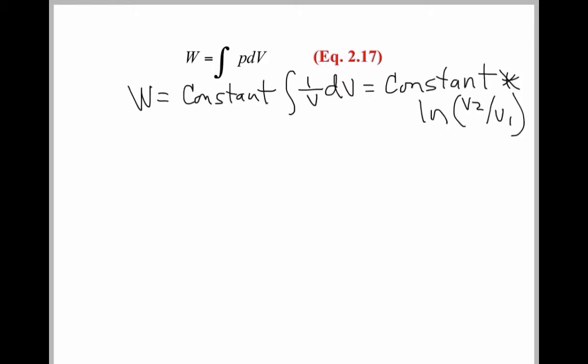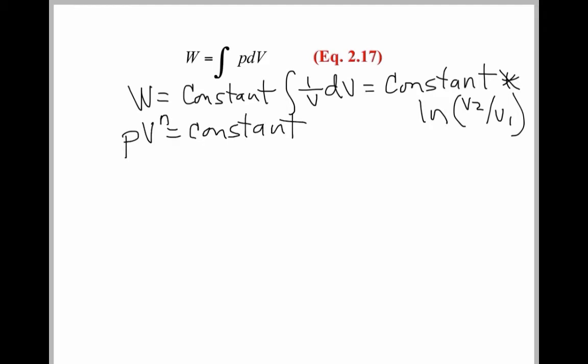So what happens when we have PV to the n is equal to a constant? This is the other application that we need to be able to do as a thermodynamic engineer.